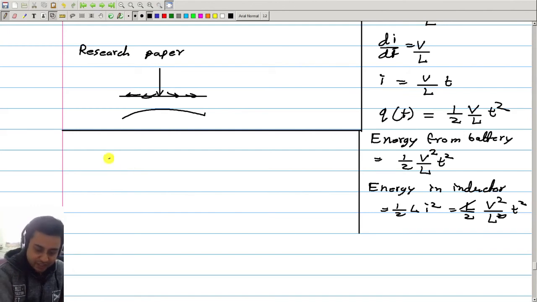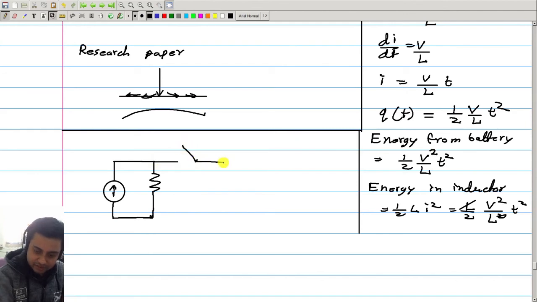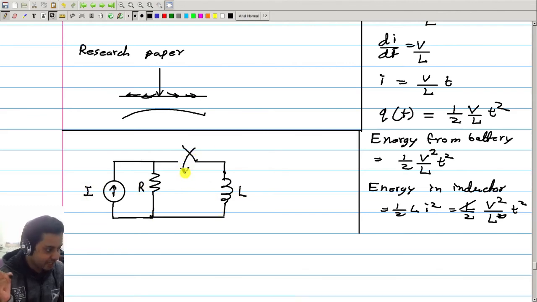No problem. One thing that I will tell is this: think of a situation where we have a theoretical current source in parallel with a resistance, and this is my experiment. Here I have an inductor. Now if you connect this suddenly, what will happen?